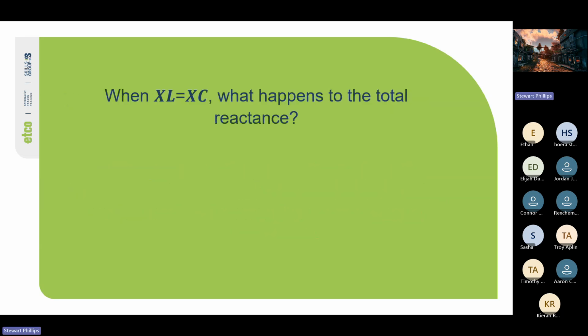Cool. So when XL equals XC, so our inductive and capacitive reactance are equal, what happens to the total reactance?